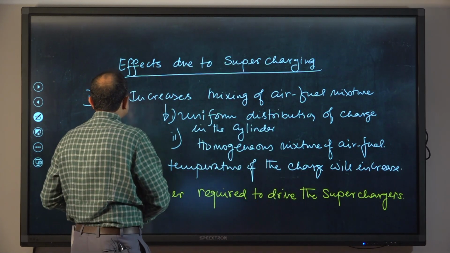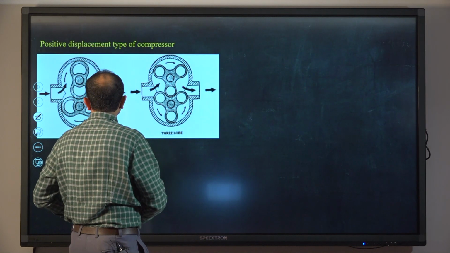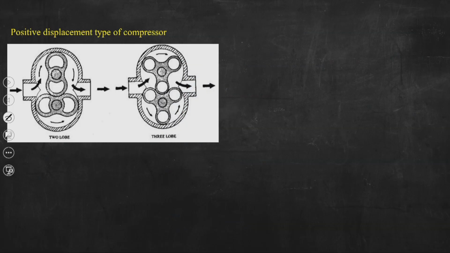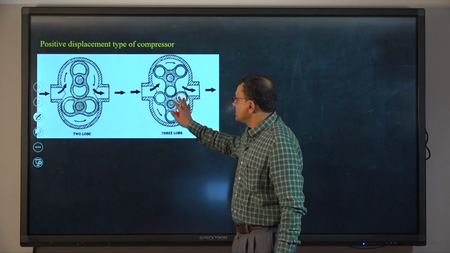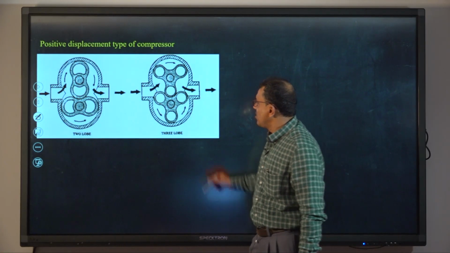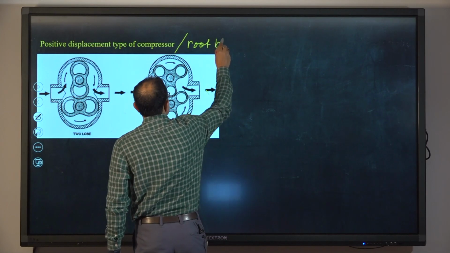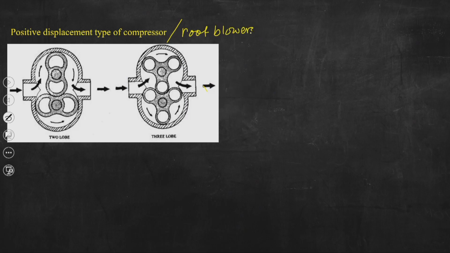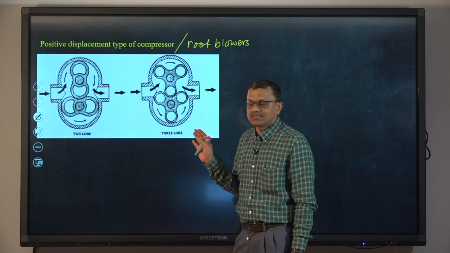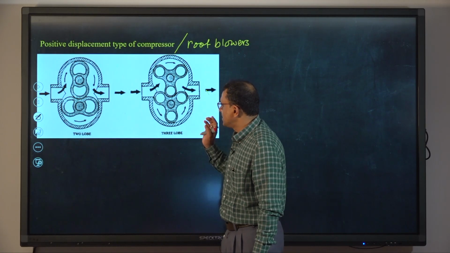So, if we go to the next slide, then we can see typically this is the schematic depiction of root blowers. So, positive displacement type compressors or even root blowers. These are used, you can understand this is two lobe, probably you have studied all these things in the context of turbo machines, and this is 3 lobe.